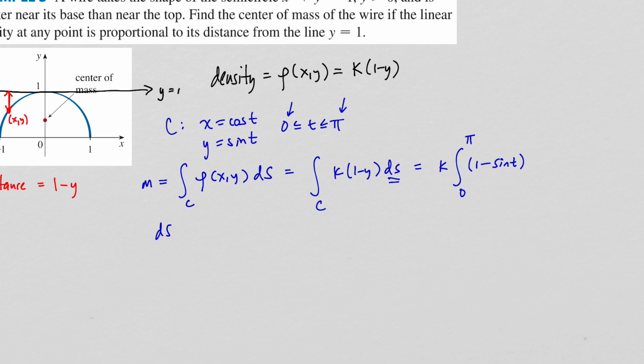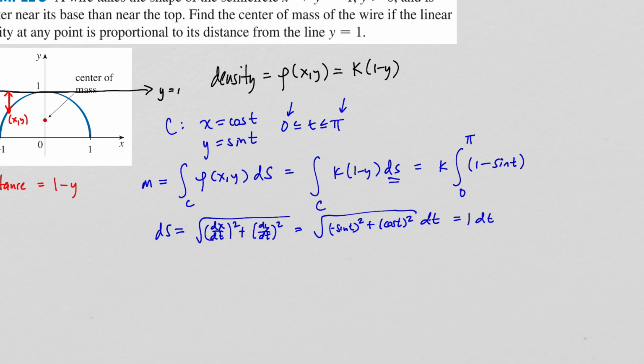Well, we already know that ds is the square root of dx/dt squared plus dy/dt squared. And in this case, that's going to be the square root of negative sine of t quantity squared plus cosine of t quantity squared. We actually computed this in a previous example. And this is equal to 1 times dt. So we're just going to have a dt there.